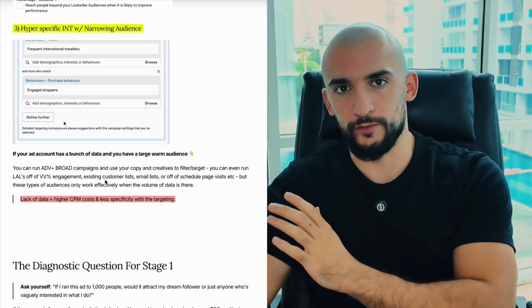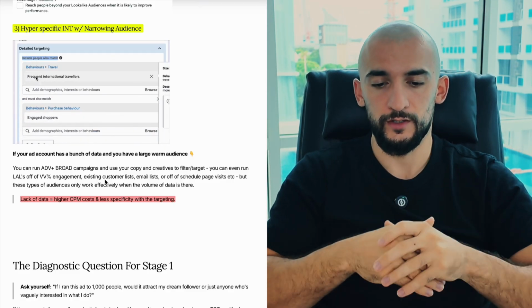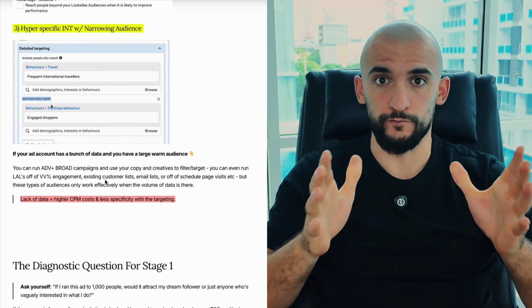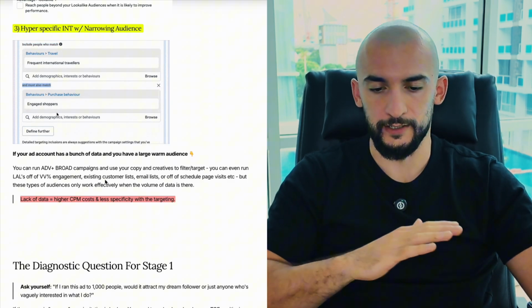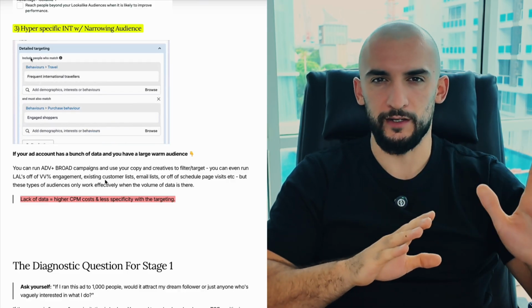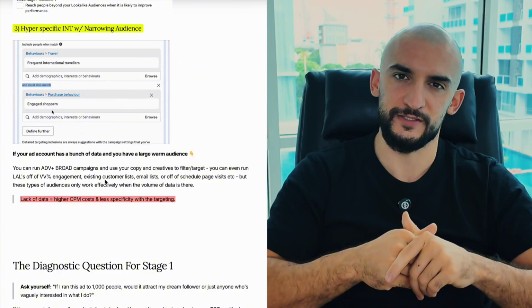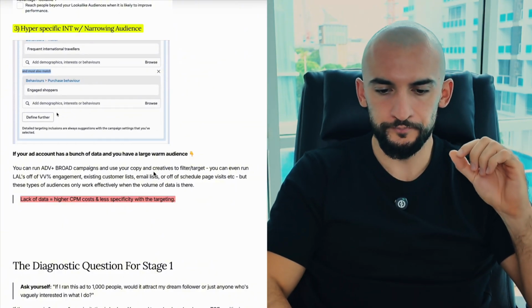And then when you start to do Advantage broad campaigns, it's just going to run these ads to the people that it thinks would convert based on your historical data. Usually Advantage Plus campaigns lean more towards middle of funnel and bottom of funnel audiences. So if you do have an engaged following on Instagram, Facebook and so on, this can also work very well.